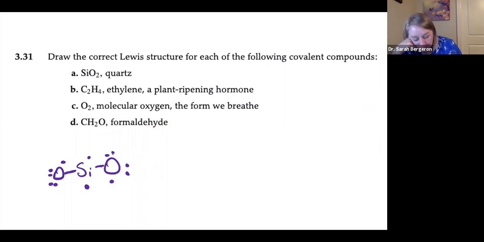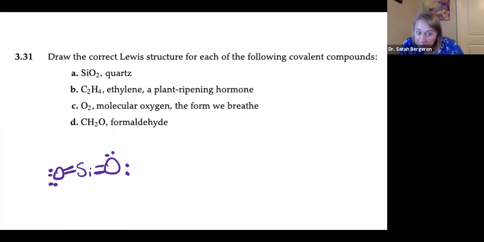If I take this electron and turn it into another bond, let's take one unpaired electron from each atom and turn it into a bond. Let's do the same thing over here: we take our 2 electrons and turn them into a bond.